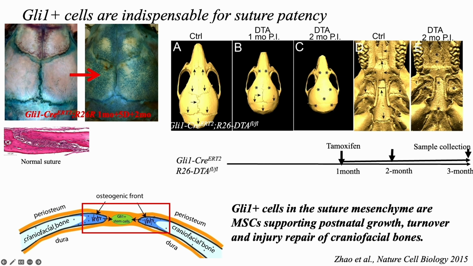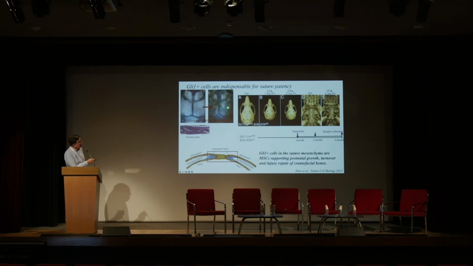Quite a few years ago, this paper was published from our lab. We have shown that within the adult mouse suture, there are these GLI1 positive stem cells. If you activate the reporter and follow these blue labeled cells, after a month you can see they have migrated into the skull and help to support bone turnover.